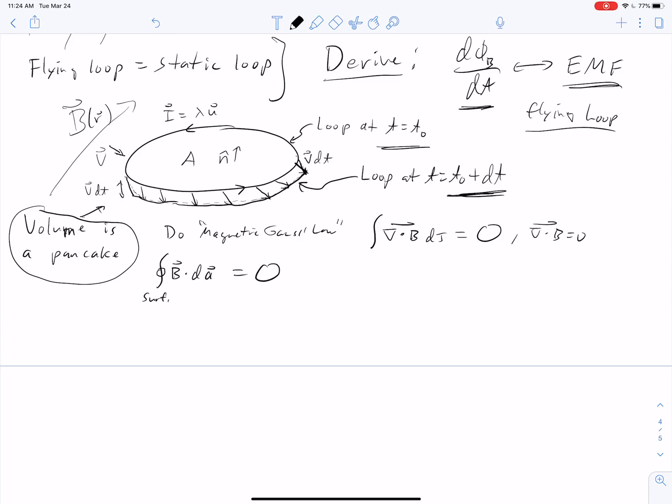So let's do this integral for this weird little pancake volume that we've just defined.